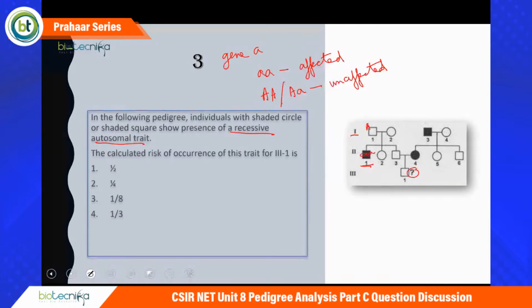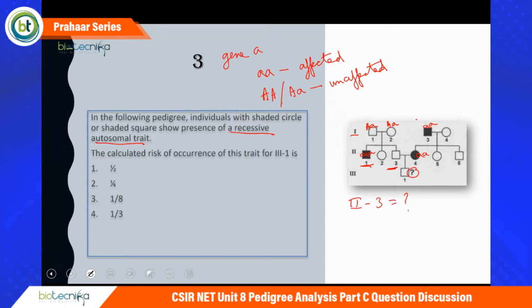Now this 2-3 is again affected, means he is also homozygous recessive. Now 2-4 is also affected, means again she is homozygous recessive. But what will be the genotype of 2-3? Okay, what is the genotype of 2-3?